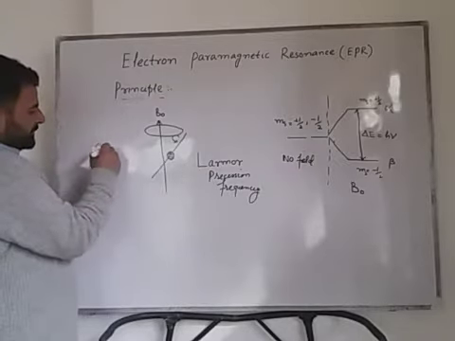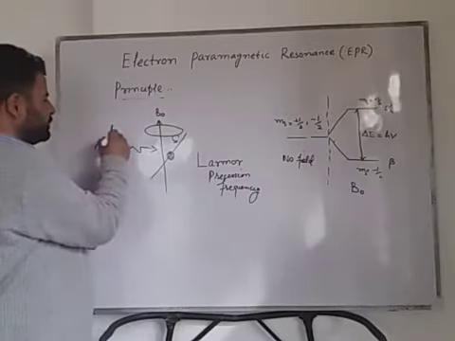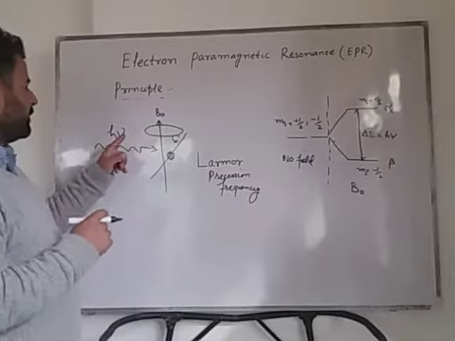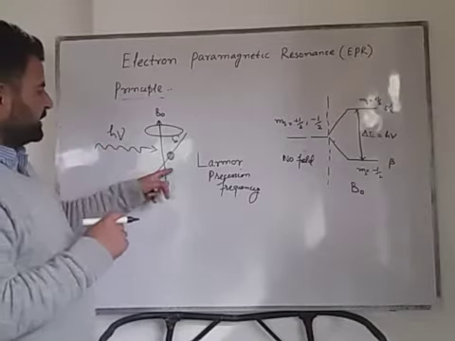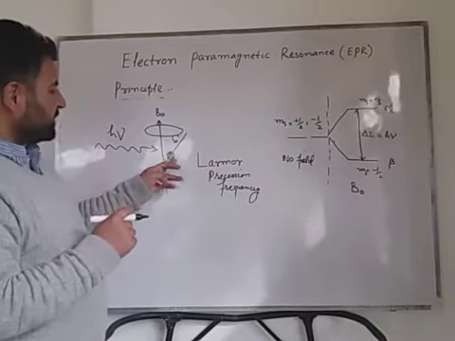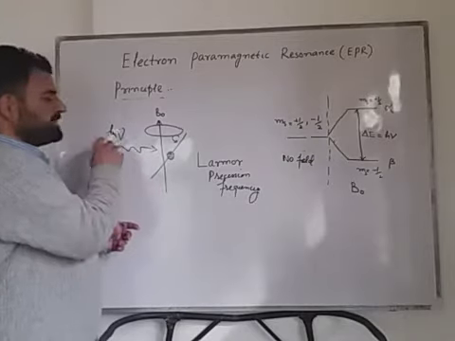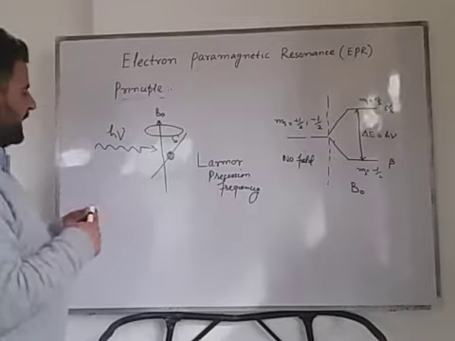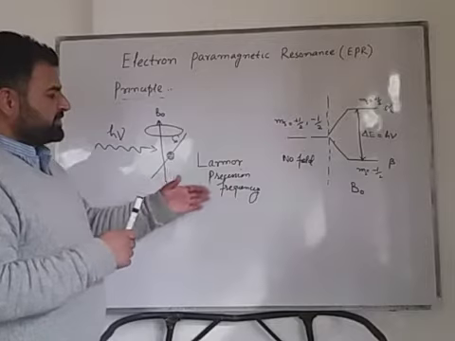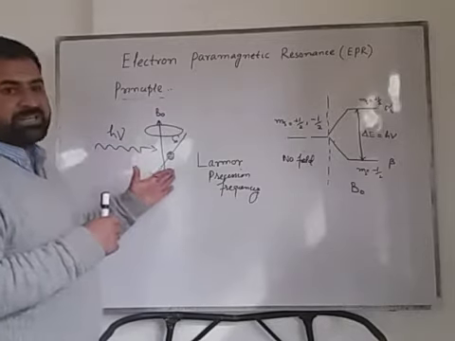When we put some energy on it, h nu, electromagnetic radiation of some particular frequency, it will absorb only when the Larmor precession frequency of the spinning electron is exactly equal to the frequency which we have applied. So when the frequency of the electromagnetic radiation matches the Larmor precession frequency of the spinning electron, only then will the absorption of this radiation occur.